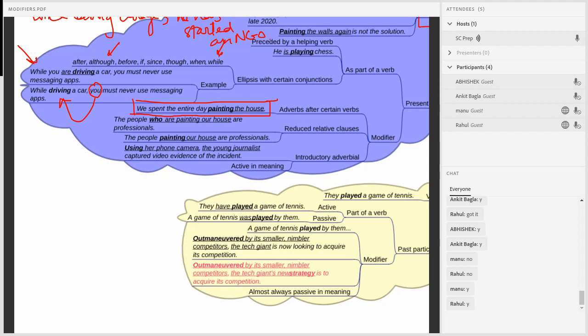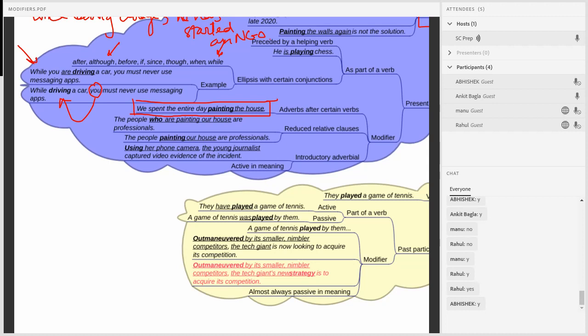Is everyone comfortable reading it the way Manu read it? We spent the entire day painting the house means we spent the whole day performing the activity of painting the house. That is how we spent the day, not which day did we spend. Quick check. Okay, Rahul's confirmed, Ankit's confirmed, and Abhishek's confirmed. Perfect. All right. Now let's go ahead.